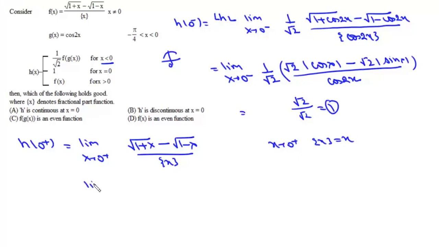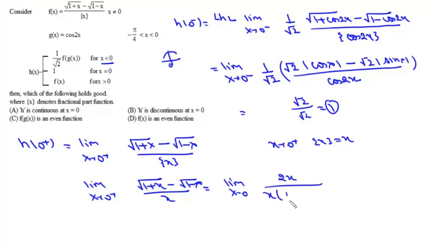So it will be this limit x tends to 0 positive under root of 1 plus x minus under root of 1 minus x upon x. Now if we rationalize this, we can write this as limit x tends to 0 2x upon x into under root of 1 plus x plus under root of 1 minus x. Now x and x will cancel, so this value will be 1. h0, it is given as 1. So left limit is equal to right limit is equal to function value. That means hx is continuous at x equals 0.